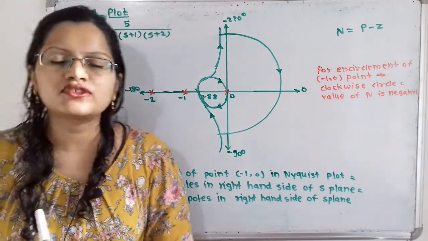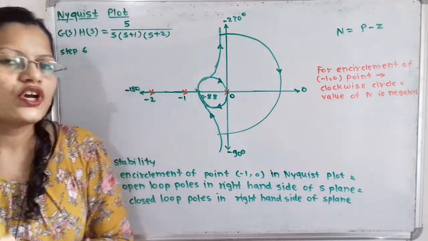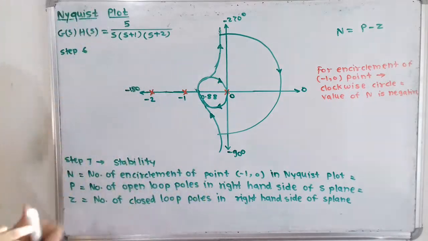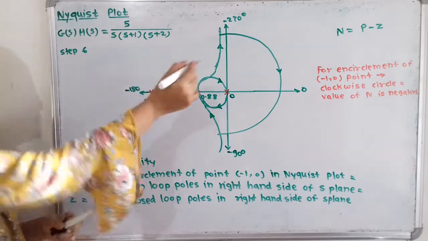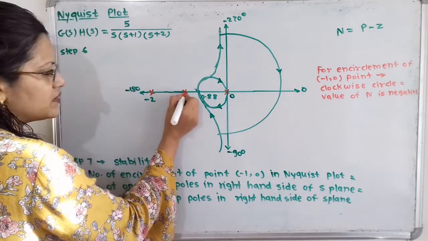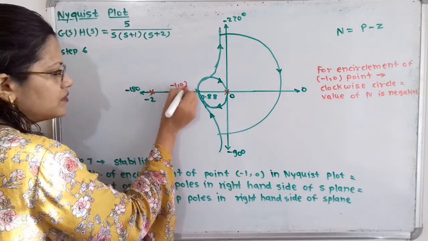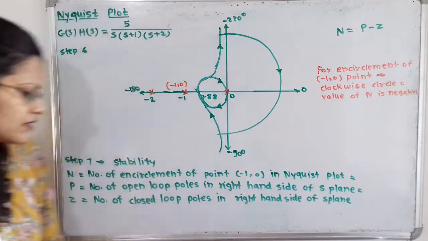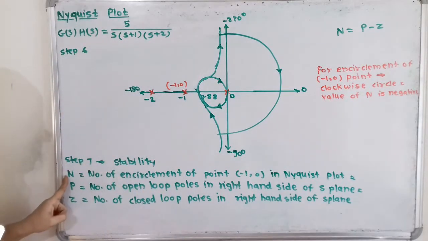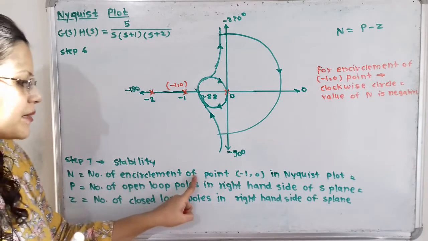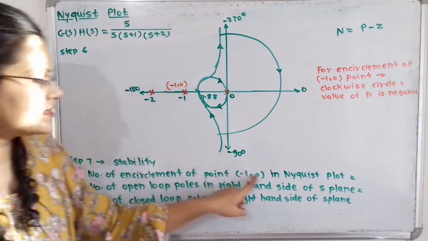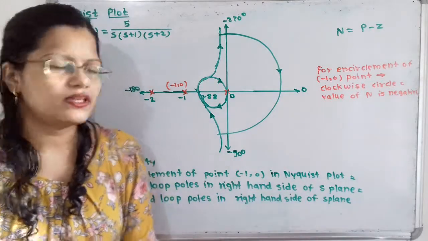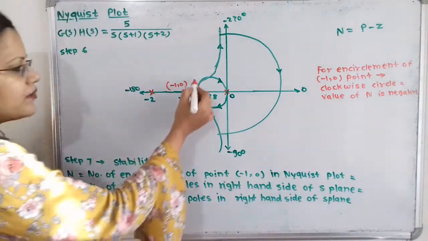The next step is to determine the stability. For that, one important point is minus 1, 0. First we will understand these terms. The first term is n, the number of encirclements of the point minus 1 comma 0 in the Nyquist plot. What is encirclement?